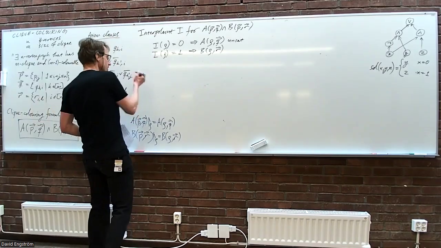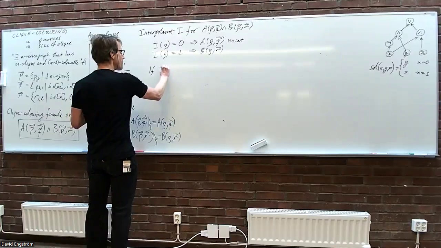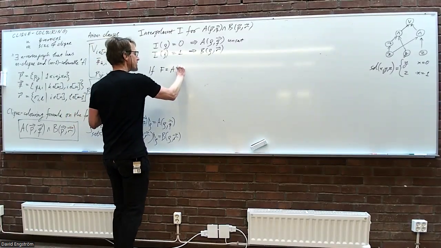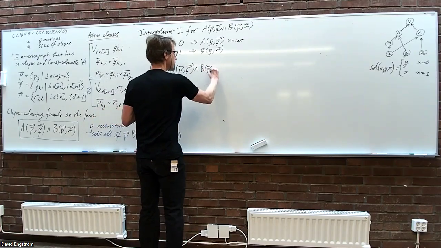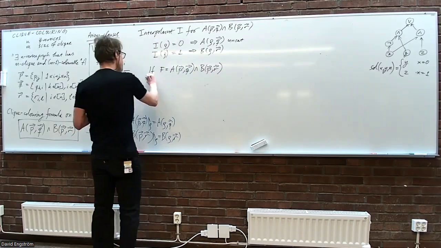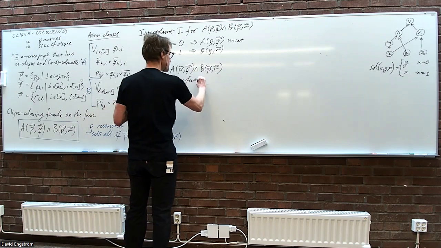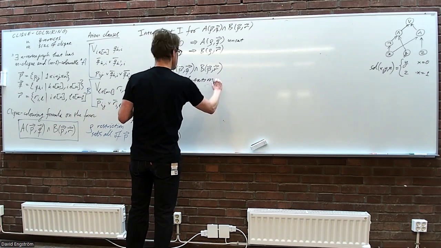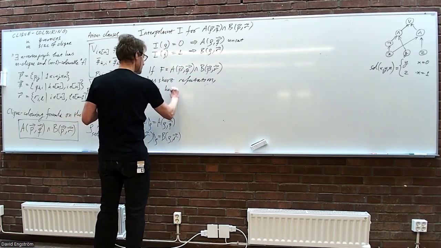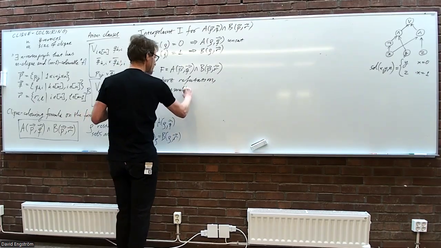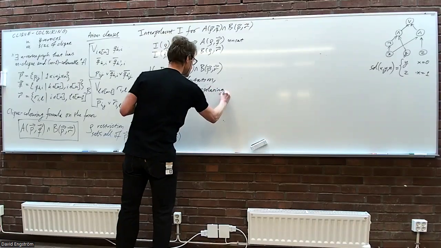And now here comes the point, here's what we want to prove today. We want to prove that if my formula F, A(P,Q) and B(P,R), has a short resolution refutation, then it has a small interpolating circuit, a small interpolant.